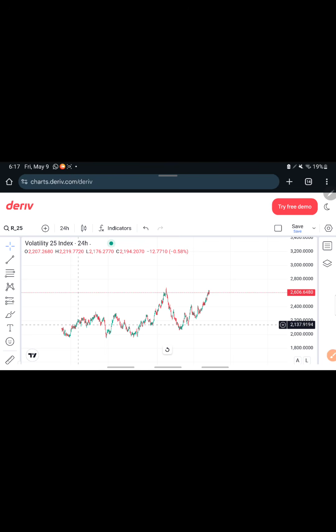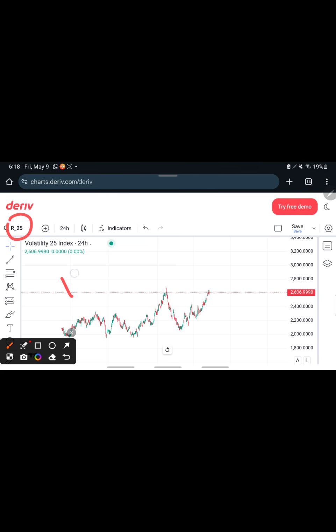As we can see now, if you check this, this is V25. In the last 24 hours we can see that V25 is going up. So what we are going to be looking at is this particular zone here.